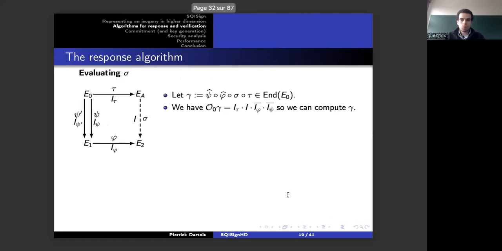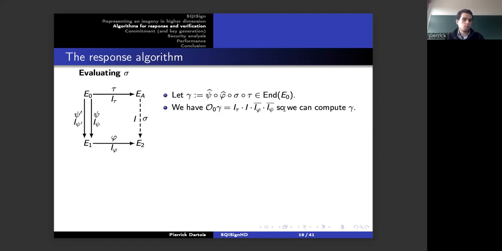So right now, we still need to explain how this evaluation of points via sigma is done. What we know is that this isogeny path, like tau, sigma, phi, psi, is just an endomorphism, gamma. And we can compute effectively this endomorphism by just computing the product of the ideals, I tau, I phi, I psi, and so on.